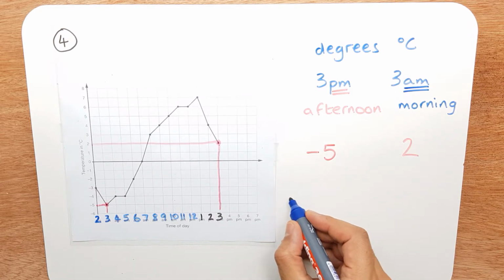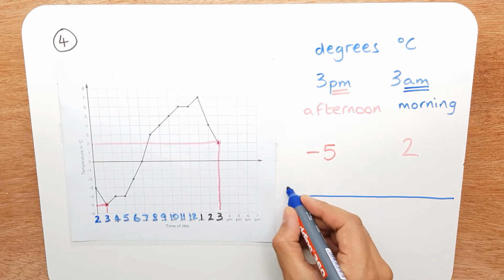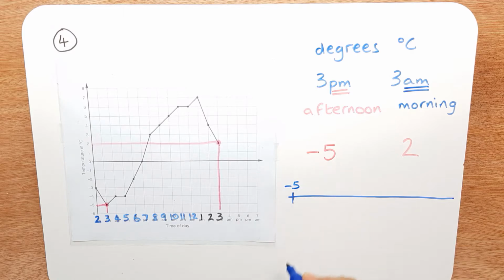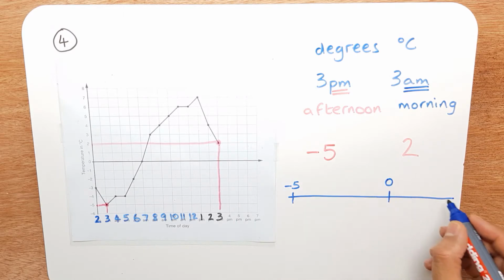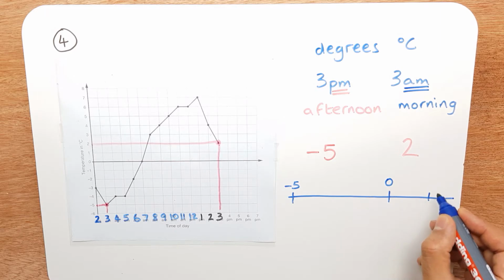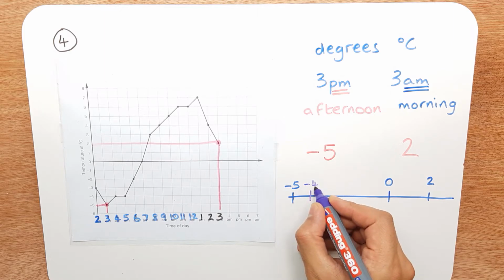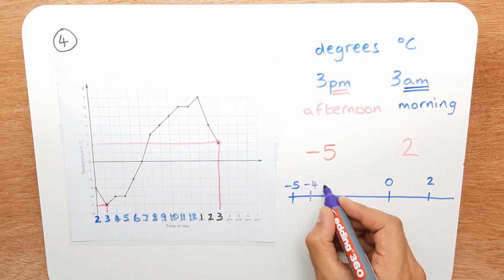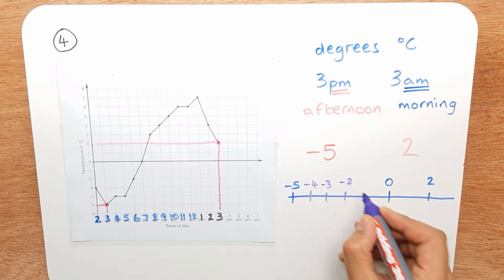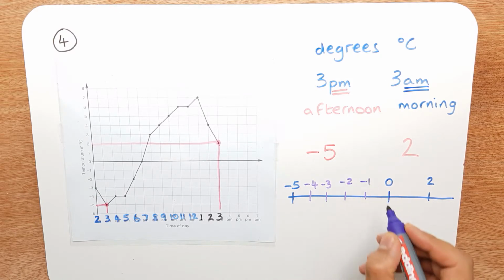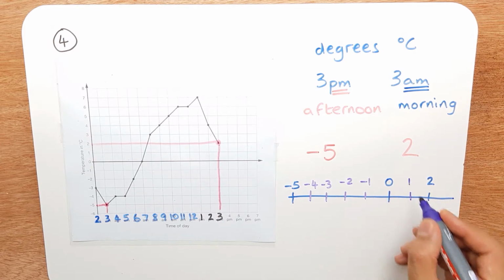So let me draw it out for you. -5 is there. We'll put 0 here. And we'll put 2 here. So we'll have -4, -3, -2, -1, 0, and then here you have 1.